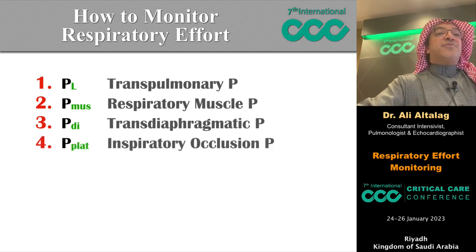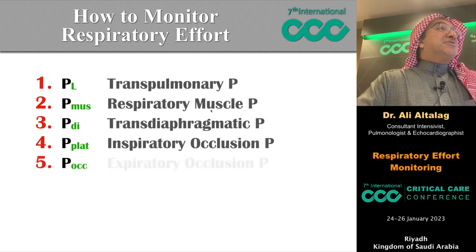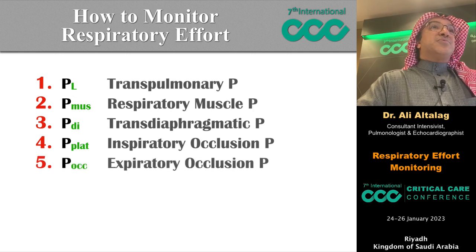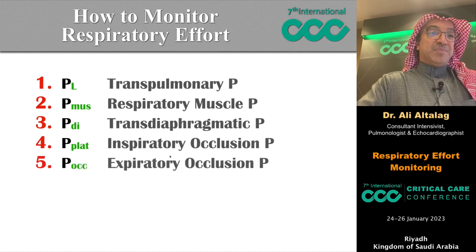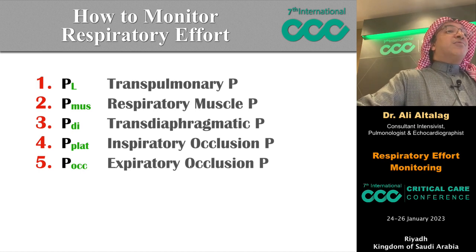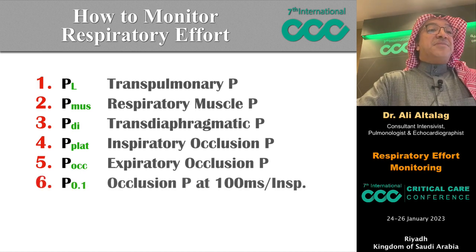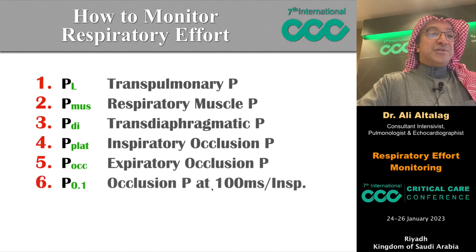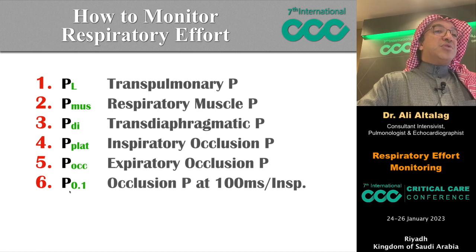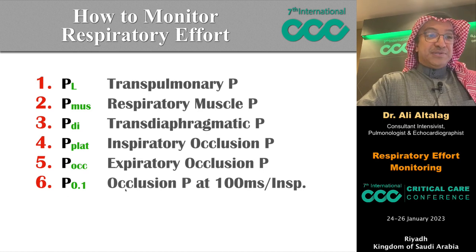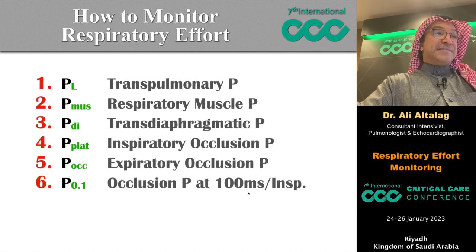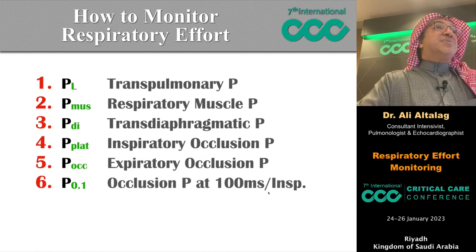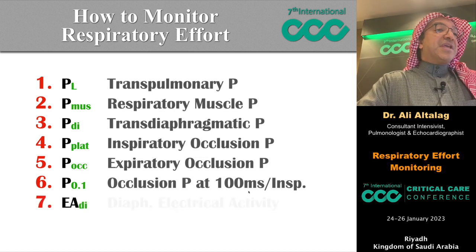The inspiratory occlusion pressure, which is similar to the plateau pressure we use with controlled ventilation. The expiratory occlusion pressure. The respiratory occlusion pressure, which is the P0.1, which is very, very important, and it's the occlusion pressure at 100 milliseconds of inspiration in assisted ventilation.